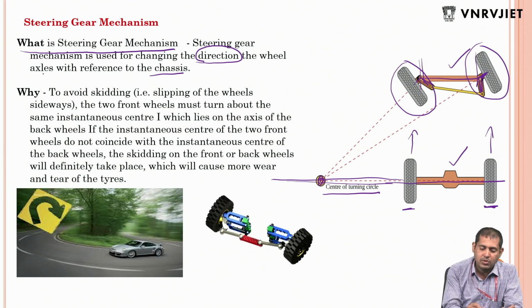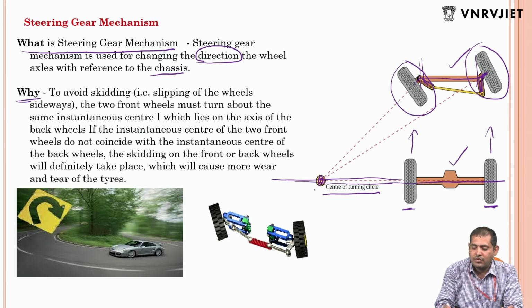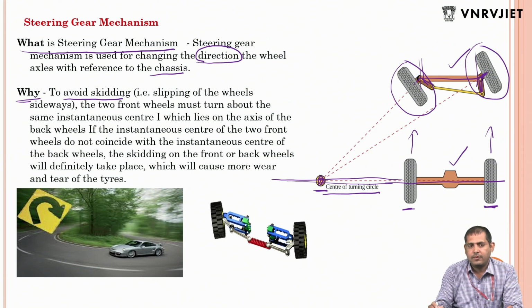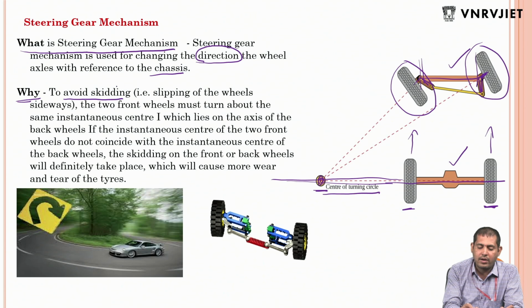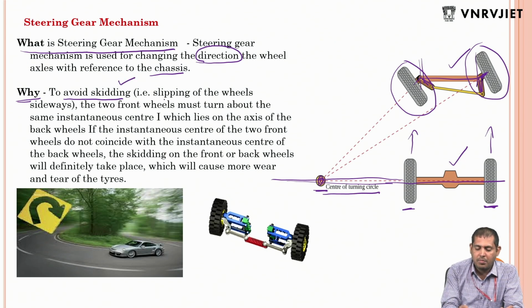Let us see. So it is clear. Now why? Here we are going to learn. If it is not matching with the instantaneous center I, skidding will happen. So steering gear mechanism is required to avoid the skidding of your vehicle, meaning slipping of the wheels sideways.